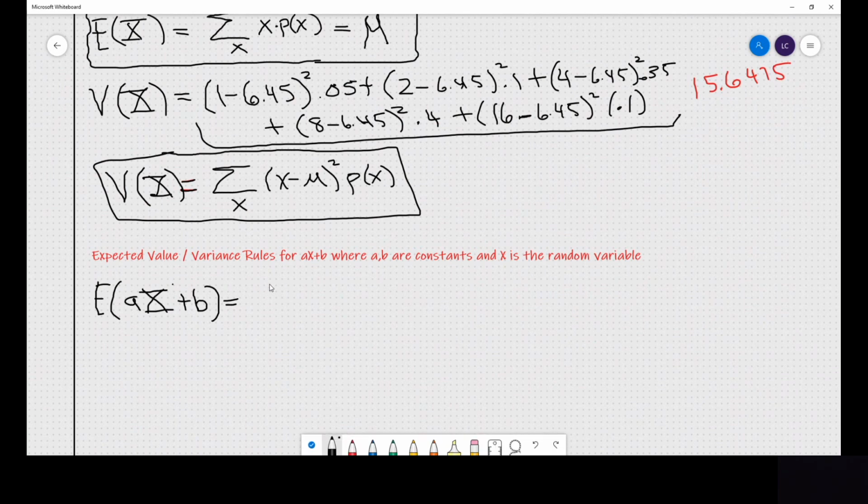I'm going to have the sum over x of (aX + b), right? I changed this from a capital X to a small x because I'm summing over the entire support, and then I multiply that by the PMF, just like we did here.